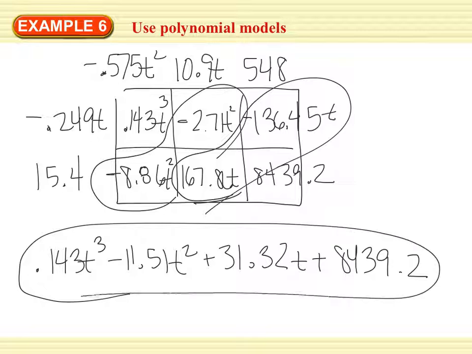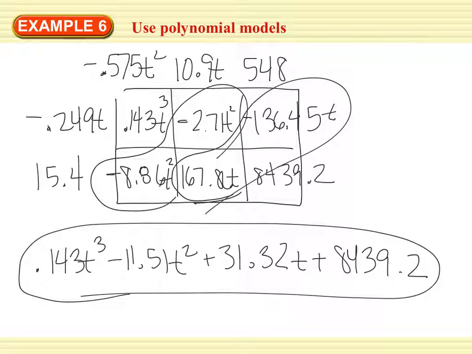That right there represents the total amount of crude oil produced per day. Yep, pretty close to the answer. We have some rounding differences, but that's all right.